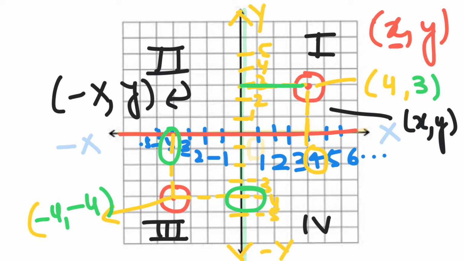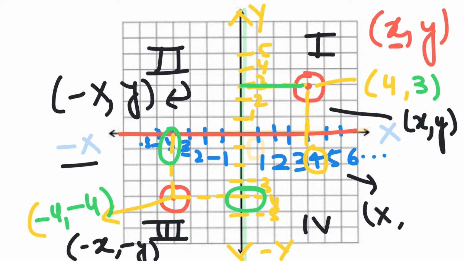In the third quadrant, x and y both are negative, so the point would be minus x and minus y. In the fourth quadrant, we have positive x, and negative y, so x and minus y. This is how plotting of points, as well as naming the coordinates, is done.